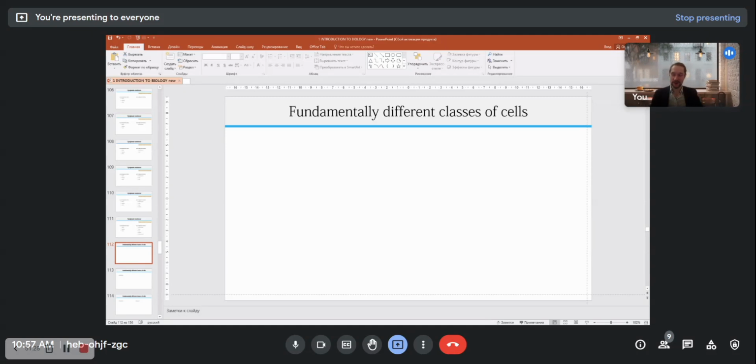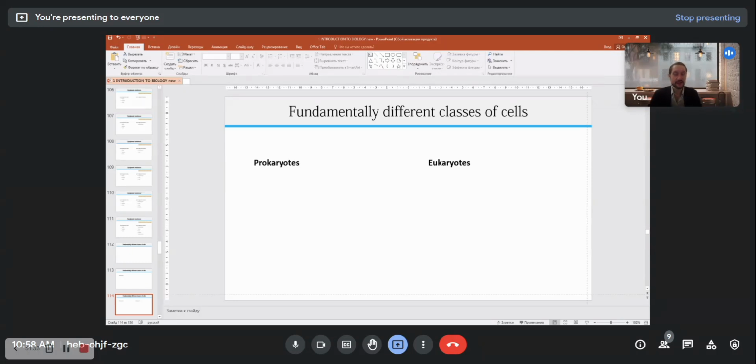So, in a very general overview, all cells in nature we can classify into two groups. These groups are prokaryotes, or prokaryotic cells, and eukaryotes, or eukaryotic cells.